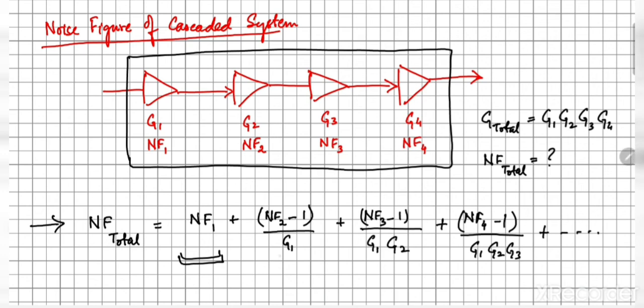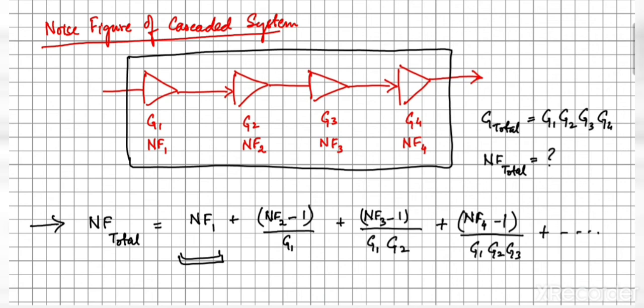All the subsequent noise figures are subtracted by 1 and then divided by G1 or G1 times G2 or G1 times G2 times G3, depending upon their placement in the overall chain.